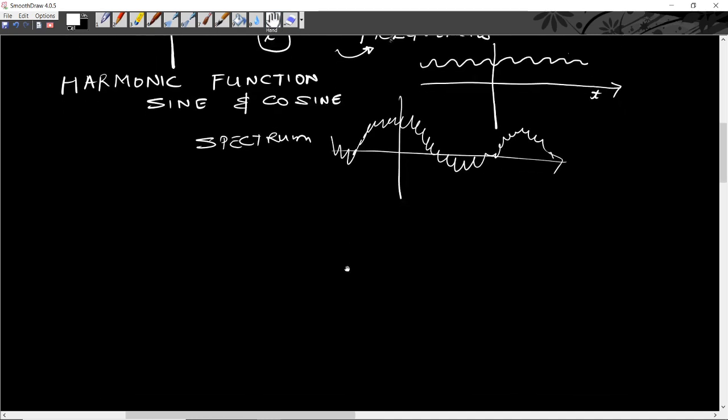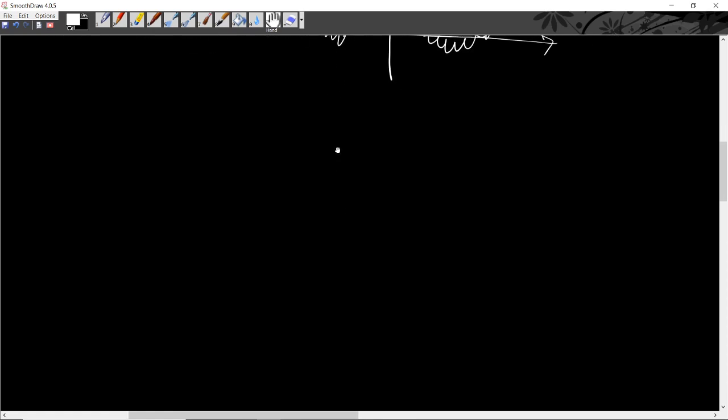So we'll begin with a particular type of function called the periodic functions.